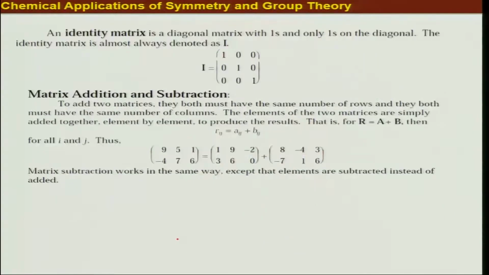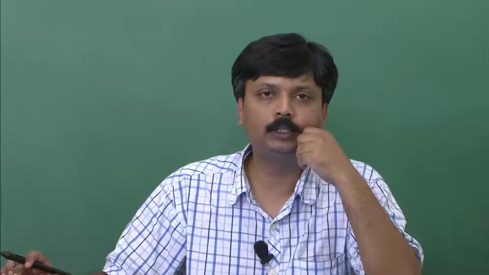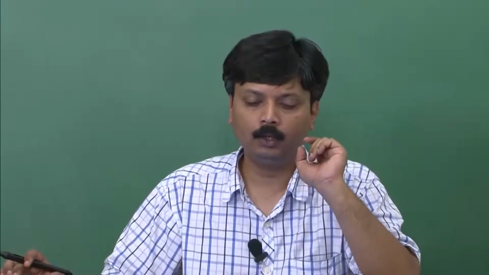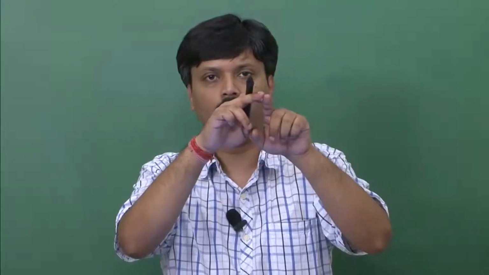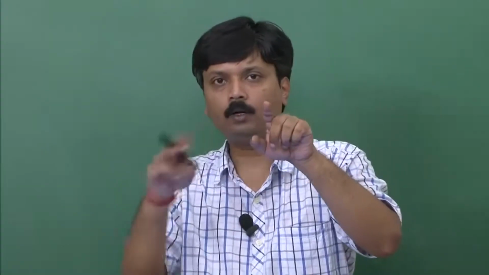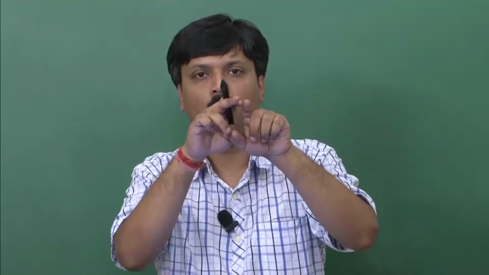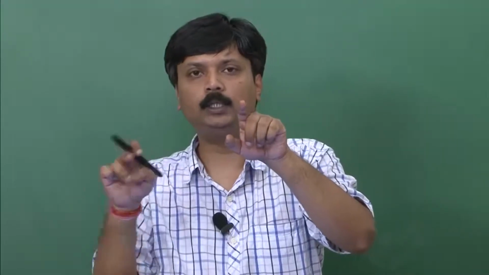Fine. Some more definitions here. So what is an identity matrix? Identity matrix is that particular matrix for which all the diagonal elements are unity. Okay, so you have rows and columns. If you go along the diagonal, which will be the element 1 1 and then 2 2, 3 3 and so on.